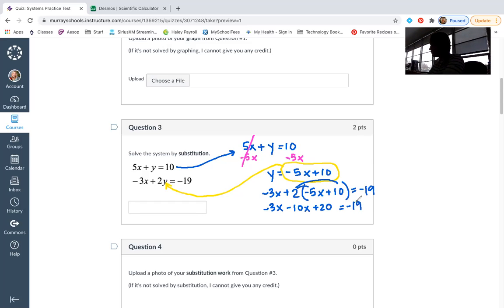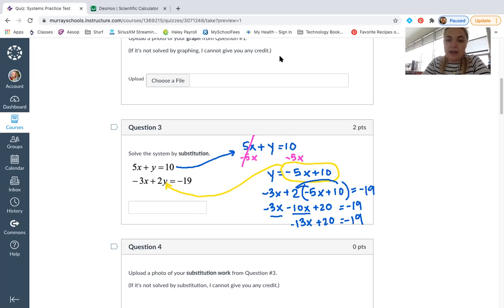All right, then when I do -3 and -10x, those are like terms, I get -13x plus 20 equals -19. Then I can subtract 20 from both sides of this equal sign. These are gone, and I have -13x equals -39.